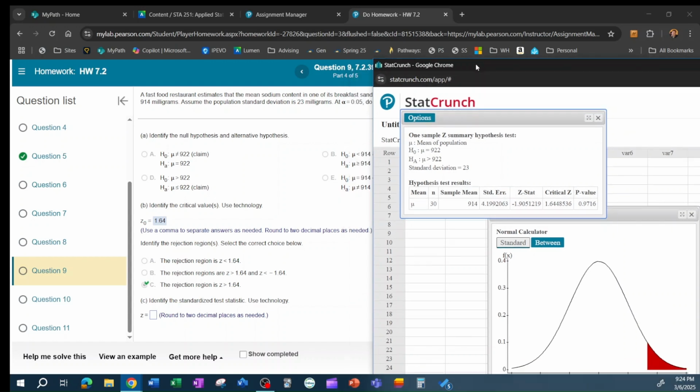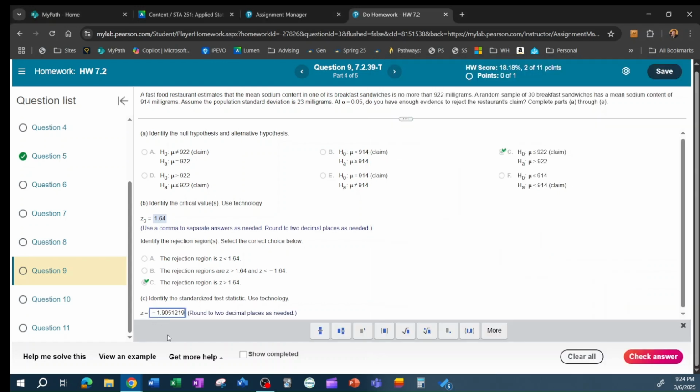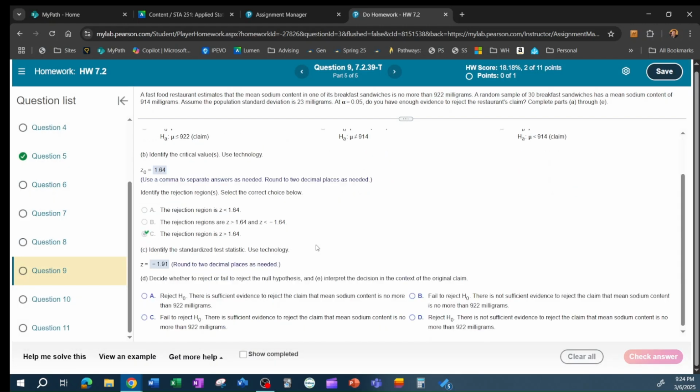So let's finish this off. Identify the standardized, that's why it's z, test statistic is this thing. All right, round to 2 decimal places. That's a 1. All right, that's the test statistic.